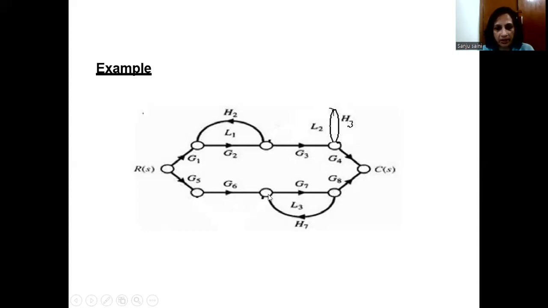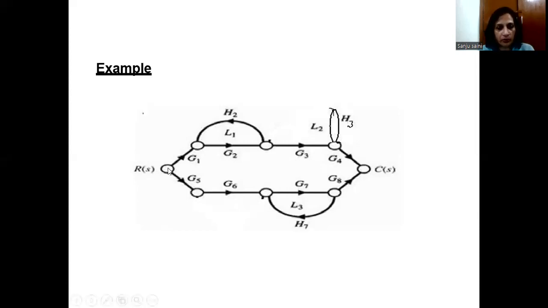It cannot be a path because this node and this node are traveled more than once. So whenever we are defining a path or a forward path, none of the nodes should be traversed more than once.